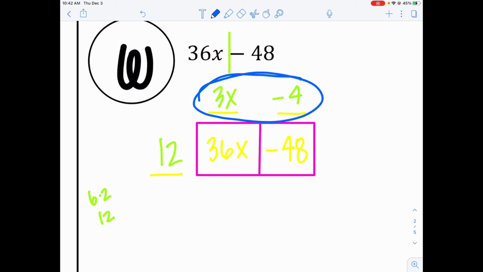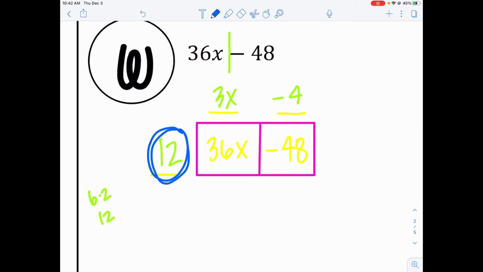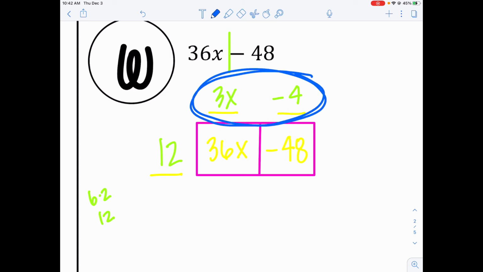Those are as small as they can get. So that means that I do have the greatest factor in the front of my boxes now, so I'm doing it correct. If you can still pull factors out of this, you're not quite factored all of the way, and you have to factor your expression all the way.